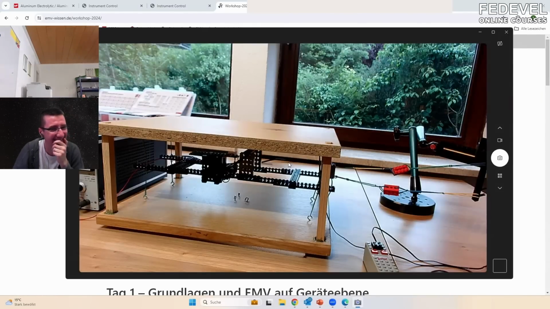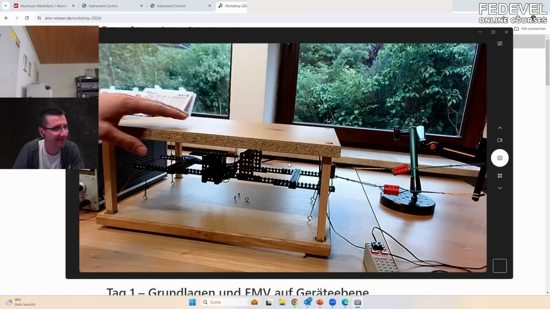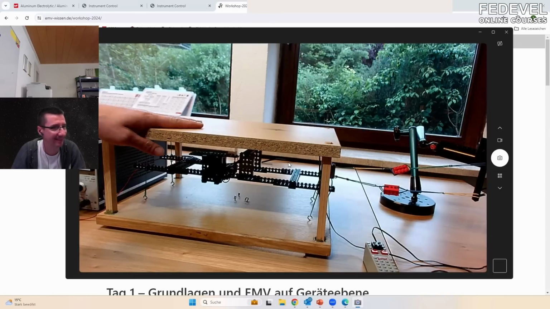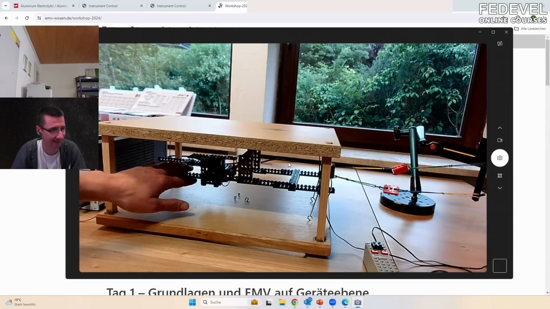What you can see here is a setup of brick stones, and it should demonstrate the effect of common and differential mode. You see this thing which is moving inside.